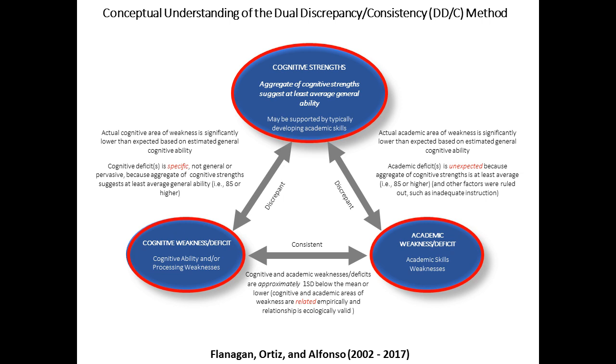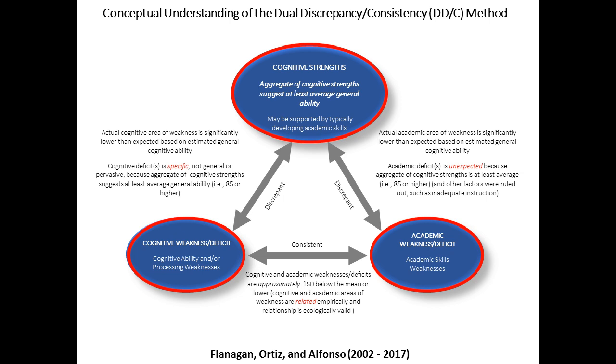So right back to the federal definition, a disorder in one or more of the basic psychological processes. All PSW models indicate that there needs to be evidence of academic skill weakness or failure, because that's how the cognitive processes manifest. They manifest in a disruption in the acquisition and development of basic skills.